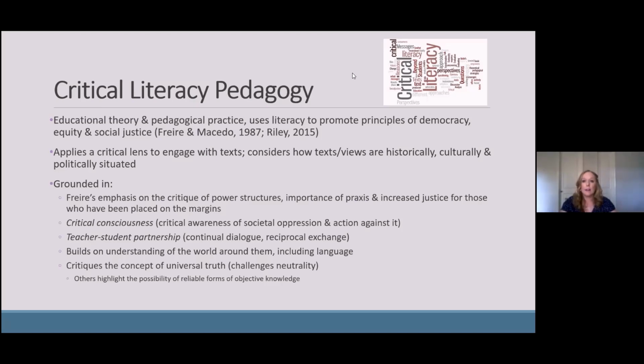If you have a textbook that presents slaves in such a way that they are portrayed as being pleased or happy, perhaps we're bringing in other narratives from, for example, the Library of Congress slave narratives, where people who are enslaved, rather, are giving their narrative about their experience and their situation.